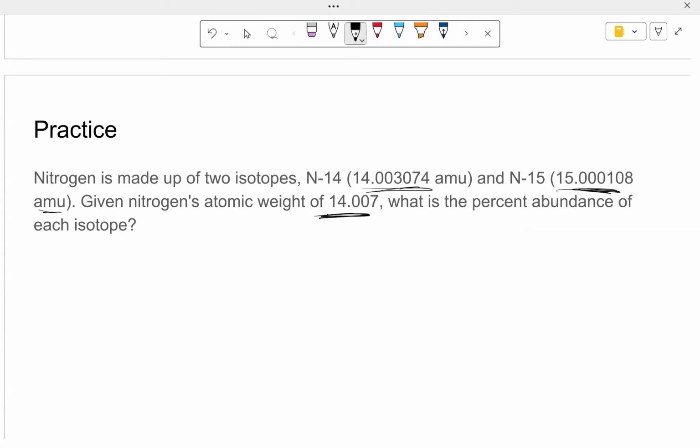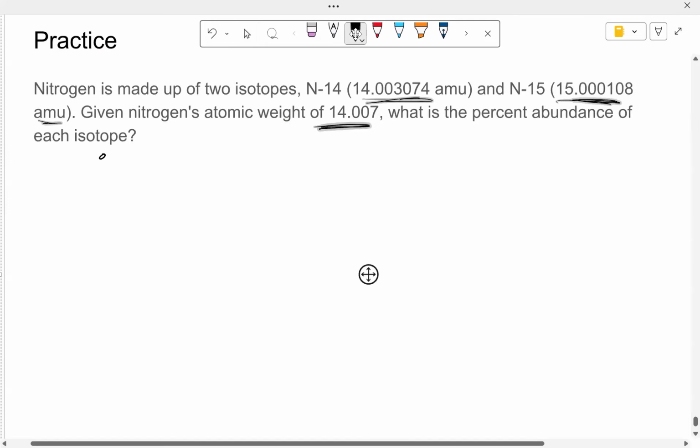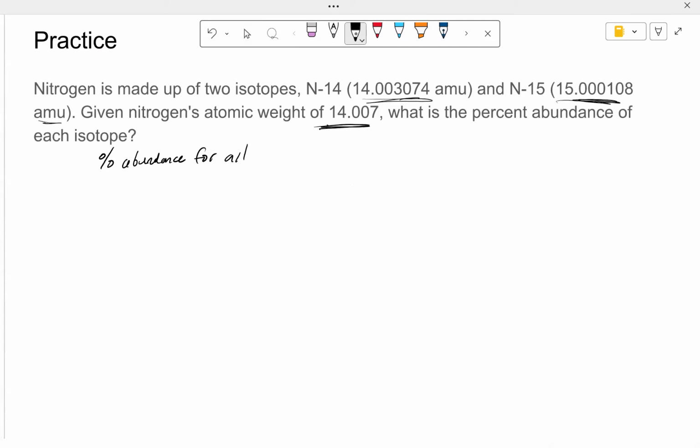So here's the key concept behind this. The percent abundance for all isotopes of an element always equals 100%.